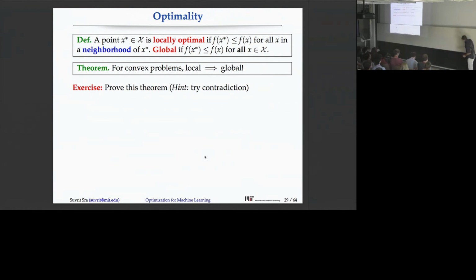Here is a convex function. This entire interval of infinite number of points have the same globally optimal value. And if the function is curved, so this one is non-differentiable at this kink and this kink. If it is differentiable, then it's only going to have one optimal point.